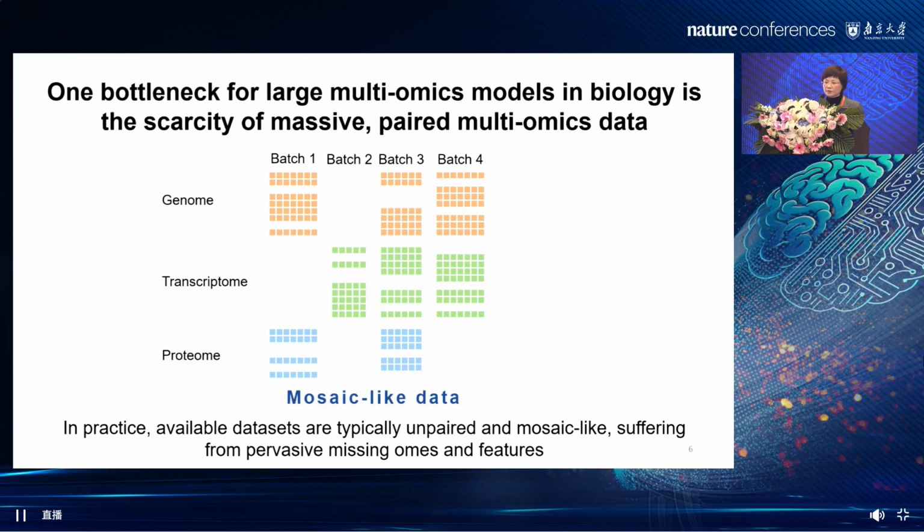One bottleneck for building large multi-omics models in biology is the scarcity of massive paired multi-omics data. In practice, available datasets are typically unpaired and mosaic-like, suffering from pervasive missing omes and features.